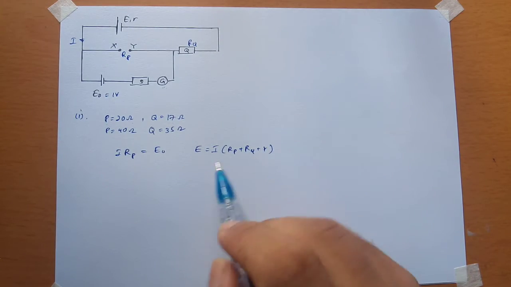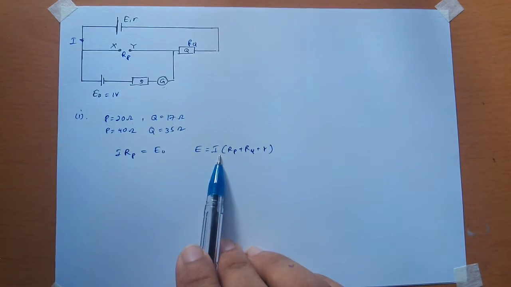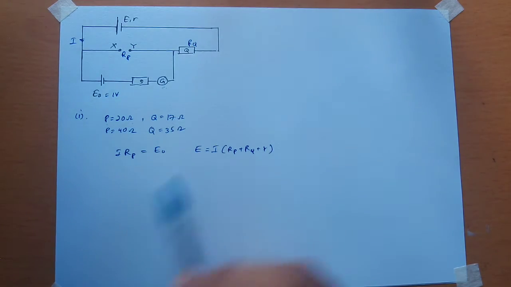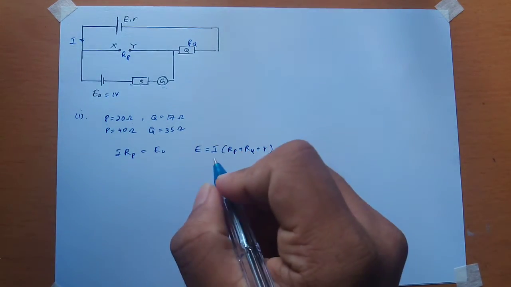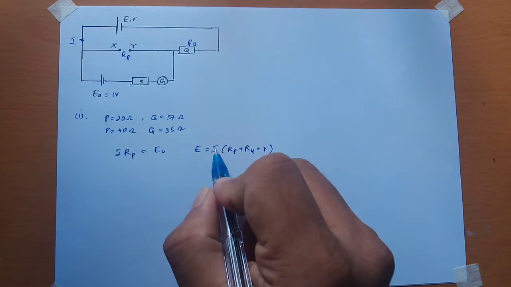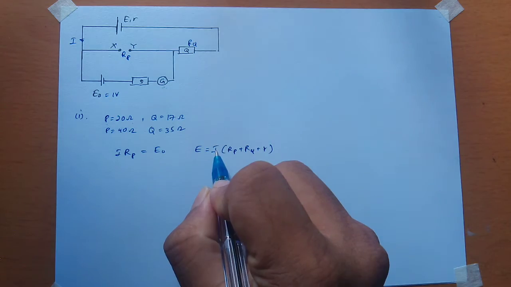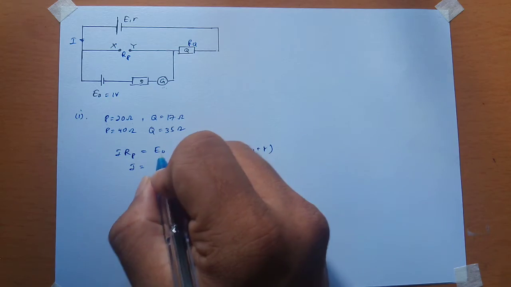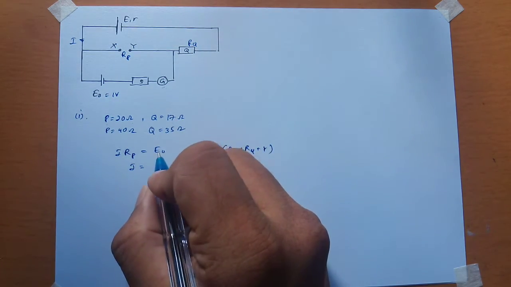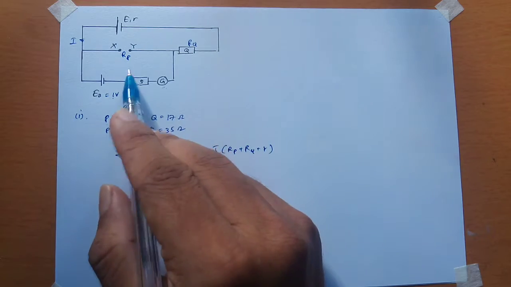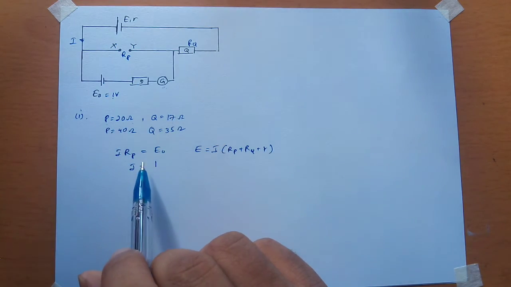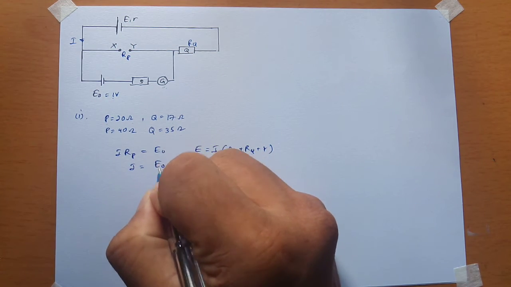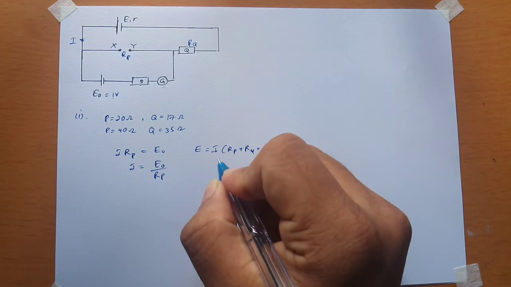Now I can consider these two equations and make I the subject. From the first equation, I equals E0 divided by RP, and I can substitute that here.